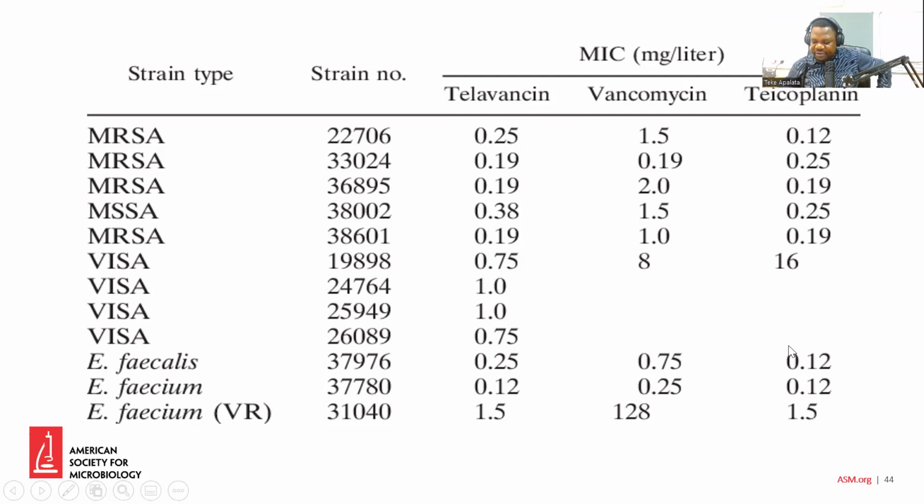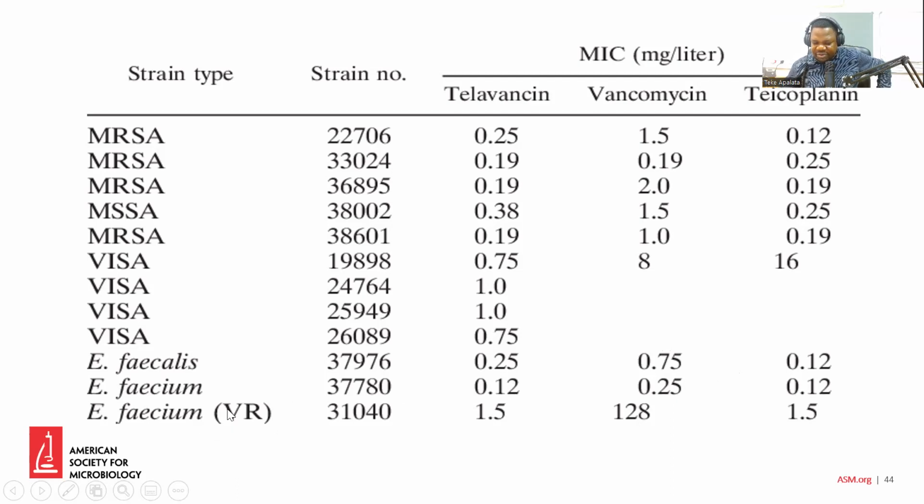So teicoplanin was a better choice against faecalis, followed by telavancin, then vanco. For faecium, we can see 0.12 here, 0.12, telavancin with the same result as teicoplanin, and vanco slightly high.